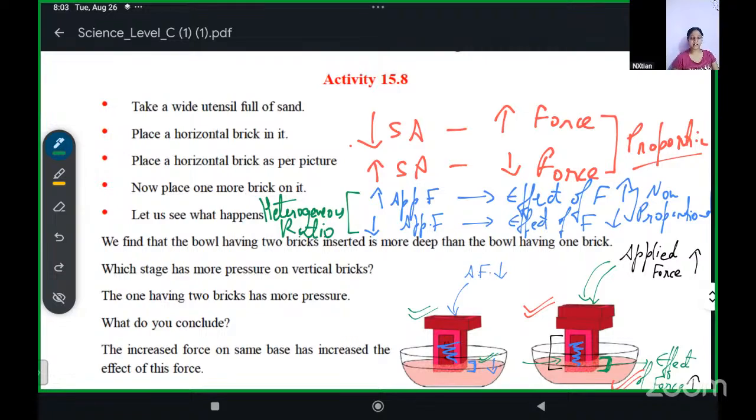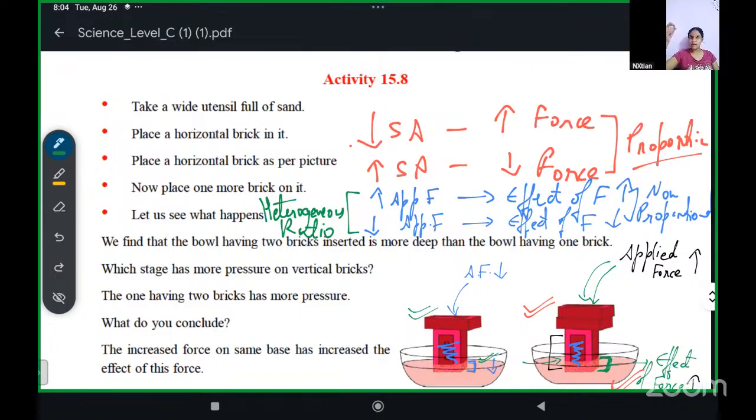If the surface area is more, like I said, in the case of a nail, if you are pressing the nail from the smaller pointed edge on the wall and hammering from the bigger head of the nail, it will go easily inside because the surface area is lesser and more force is applied to it.